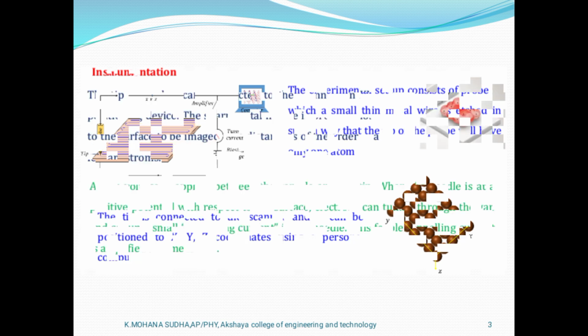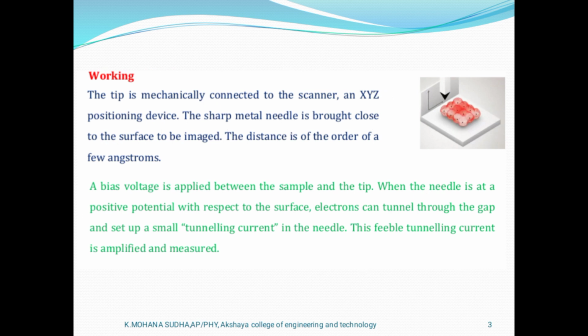Then working. The tip is mechanically connected to the scanner and XYZ positioning device. A sharp metal needle is brought close to the surface to be imaged, at a distance of the order of a few angstroms. If the circuit is switched on, the necessary biasing voltage is given to the probe.